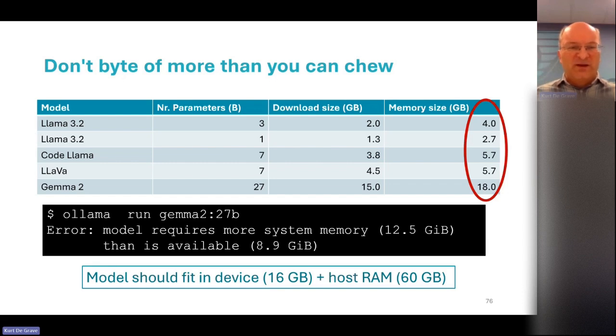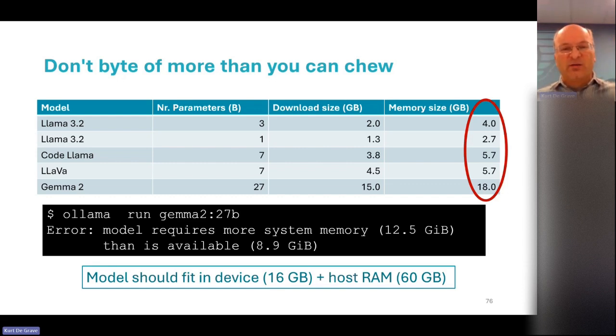Models come with a size, so you have the number of parameters. If you download them in Ollama, the download size will typically be about half the number of parameters, in that most models are quantized at 4 bits per parameter.